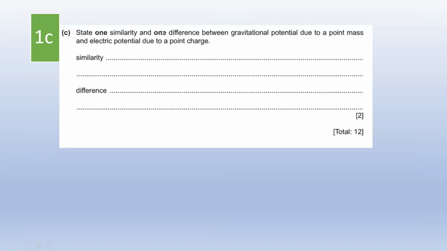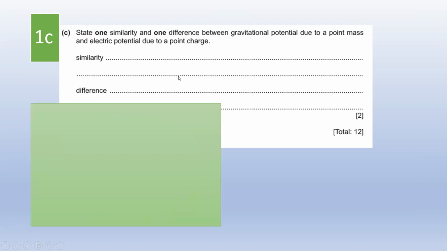State one similarity and one difference between gravitational potential due to a point mass and electric potential due to a point charge. You want to try first? Gravitational potential is always negative.